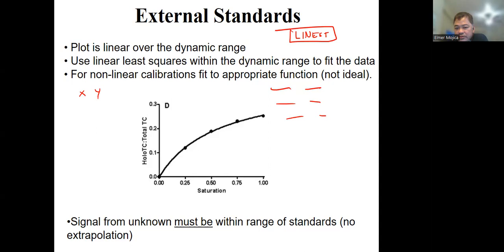Now, if your calibration is non-linear, you have to fit it. Sometimes it can be logarithmic, but it's not really ideal if you have a curve like this. And then the signal from the unknown must be within the range of the standards. Extrapolation is not allowed.